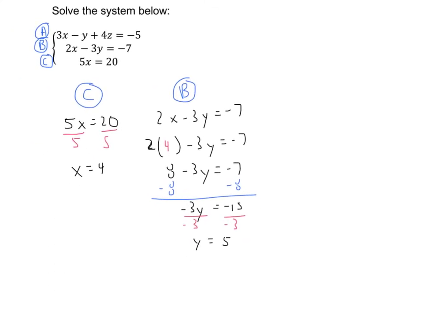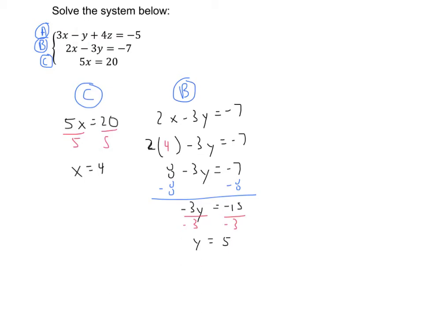All that's left is to figure out my z value. So now what am I going to do? Well, I can now use equation A. Equation A had three unknowns, but if I know x and if I know y, then I should be able to solve for z.